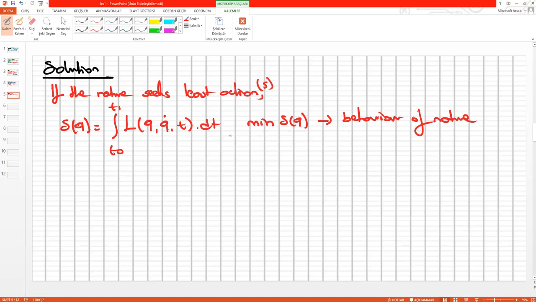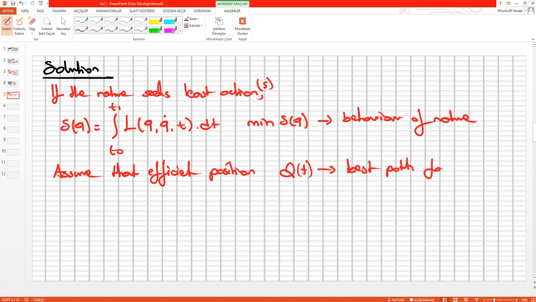so now assume that the efficient position or action is equal to Q(t), which is the best path for a particle to vary from Q1 to Q2.